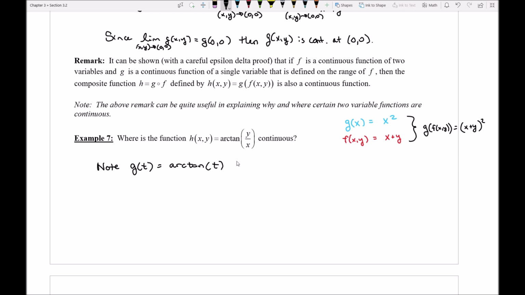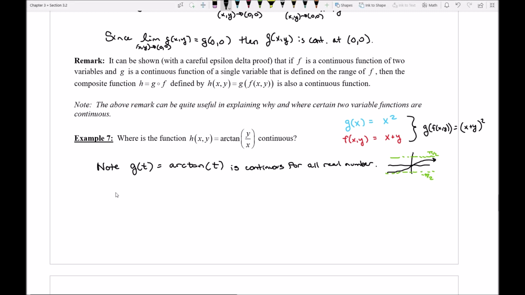And this function here, we might recall from Calc 1, is continuous for all real numbers. There's no time when the arctan function ever becomes undefined. You might recall the arctan function looks something like this. It just happens to have horizontal asymptotes at negative pi over 2 and positive pi over 2. A very great function to know.